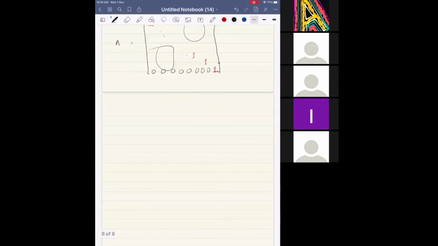Now, are we not considering the zero matrix, where all elements are zero? I said the only invertible matrix in row echelon form is the identity matrix. Okay. Yeah.